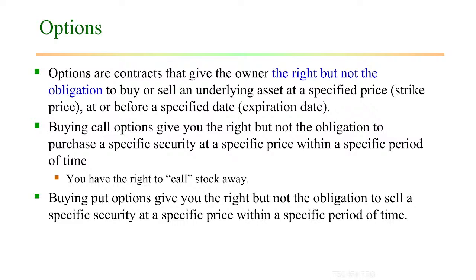Options are contracts that give the owner the right, but not the obligation. So basically, if the options are out of money at expiration, then the owner can just let it go and let it expire.